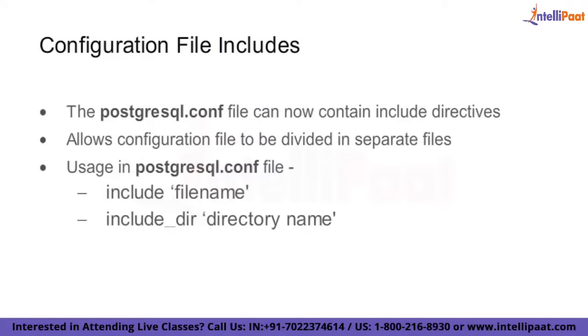So basically in postgresql.conf you may not have all the parameters, but it will direct to some other directory where you put the file name, and there you will have the actual files. This I'll show. Basically you can divide, meaning for pg_hba or for logging I want a separate configuration file, for vacuum I want a separate configuration file. So you can divide the configuration into different files.